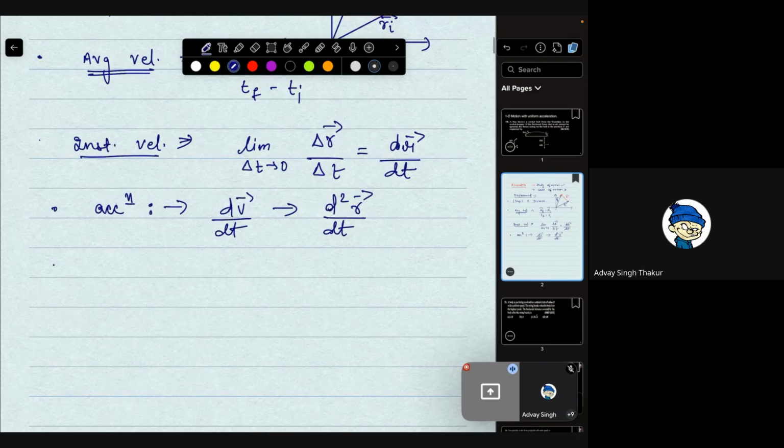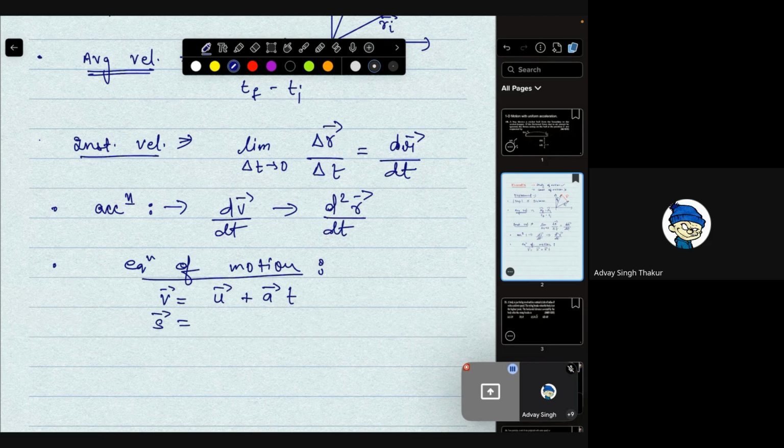Next, what we have seen in class 11 was equations of motion, where we have seen v vector is equal to u plus a t. Displacement vector is equal to initial velocity into time plus half acceleration t square.